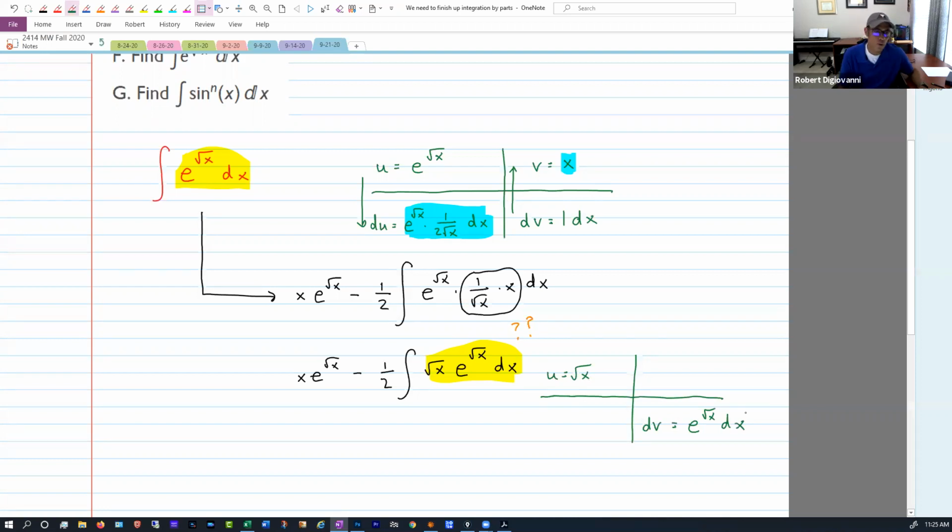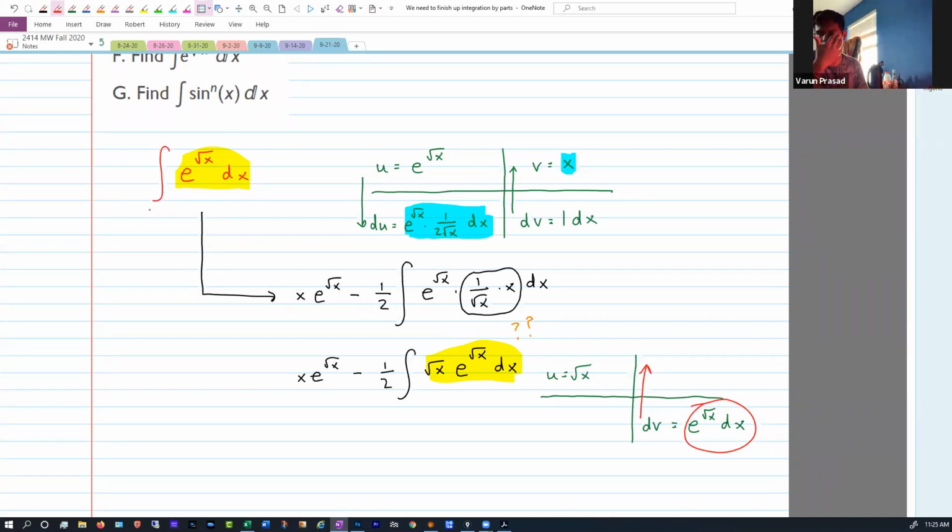What's the problem with that? We don't know the antiderivative. That's right. The antiderivative of this is actually the original problem, isn't it? Yeah? So we're not going to be able to even complete the table. We can't even finish what the table is. So there's no way we can do that.